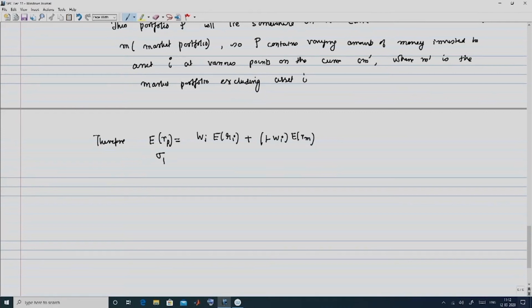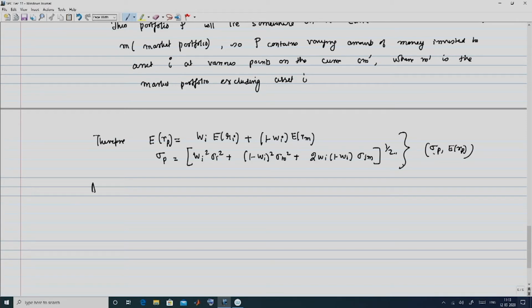And accordingly, sigma P square is going to be W I square sigma I square plus (1 minus W I) square sigma M square plus twice W I into (1 minus W I) into sigma I M, and this whole thing is raised to the half if I just take sigma P. So, now I have basically found this relation between sigma P and E R P.